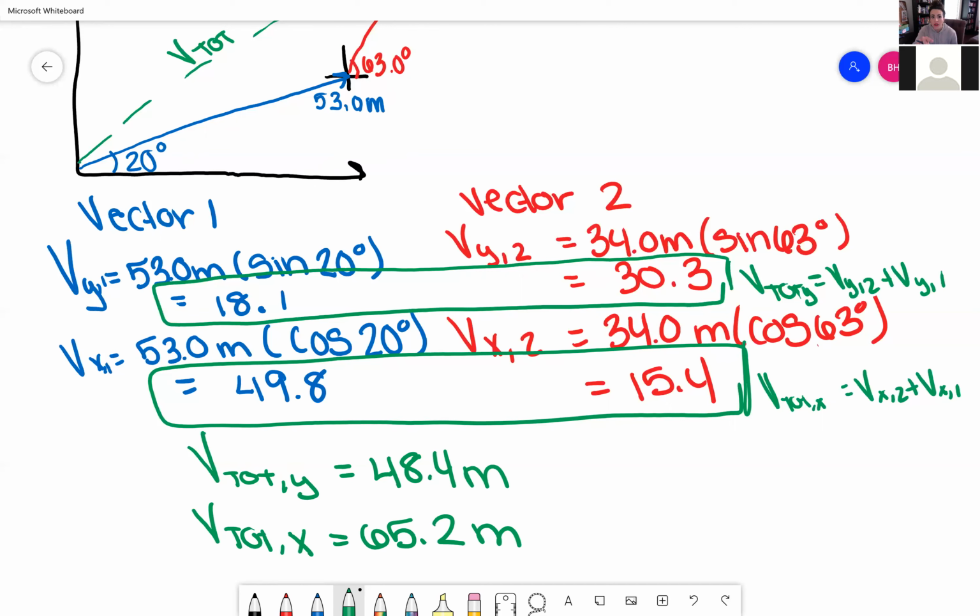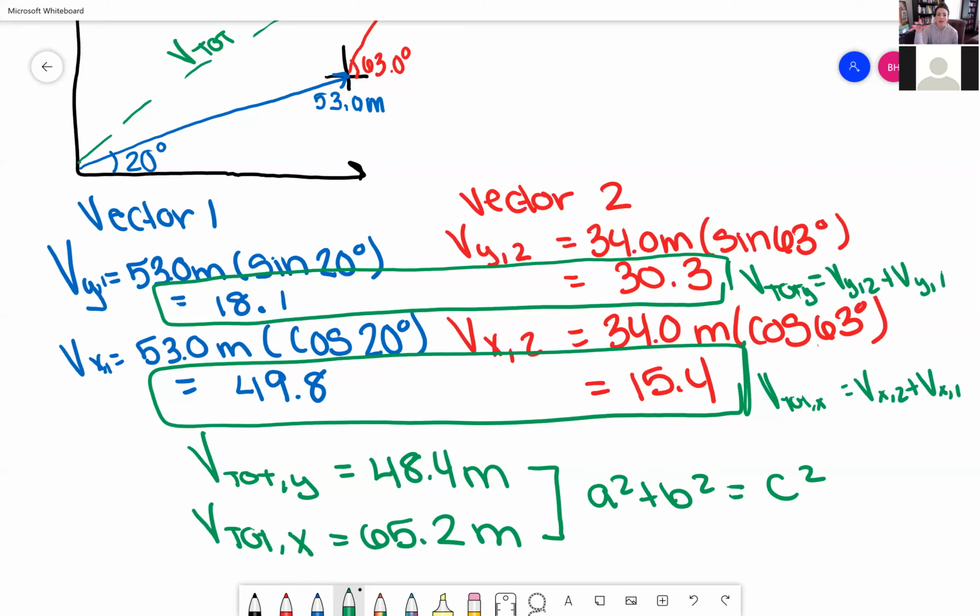Now what we need to do is combine this into one. And to combine these, we need to use Pythagorean theorem. So we need to say that our v total is going to be equal to our x total squared plus our y total squared. So if I were to write this out in an equation, you guys know a squared plus b squared equals c squared.